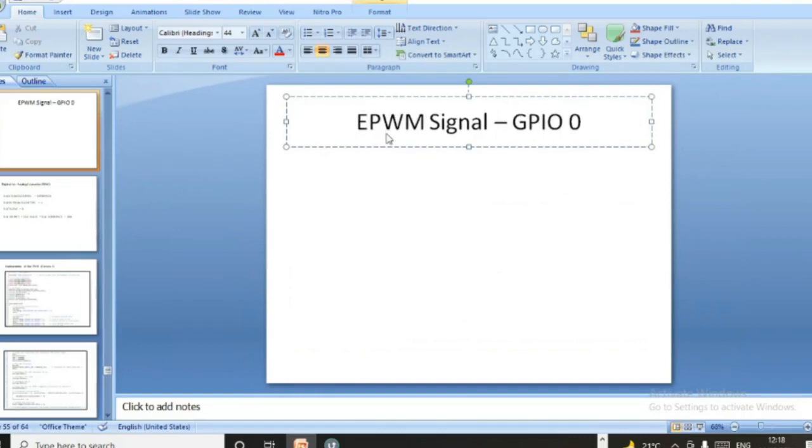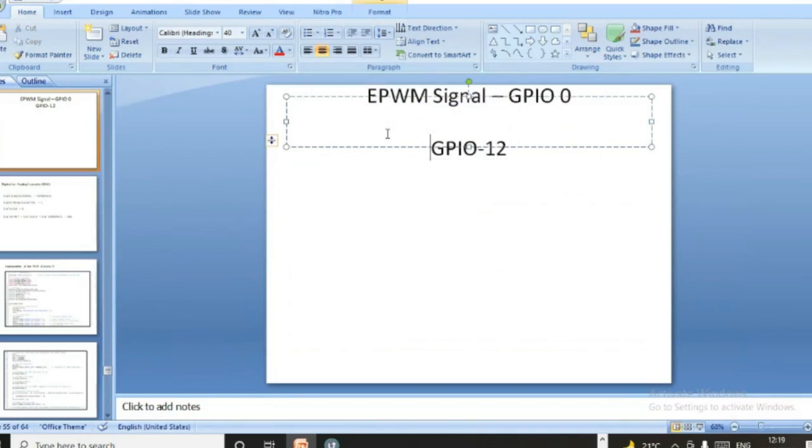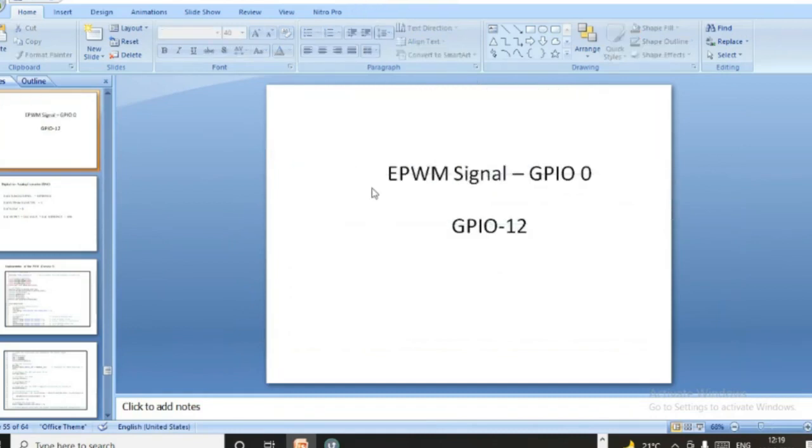Now you want to observe the same EPWM signal on GPIO 12. You will say, sir, how is it possible to see the signal on GPIO 12? If we are muxing GPIO 0 as EPWM, we can see the EPWM signal only on that pin. Yes, you are correct. But there is one more thing, called a crossbar, which helps you see your EPWM signal on the other pin.